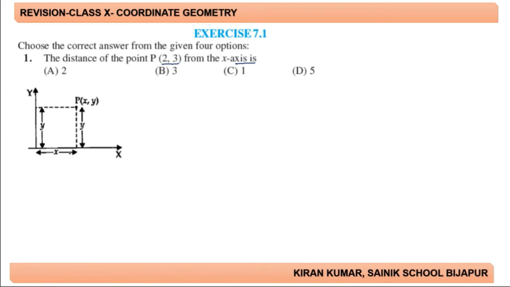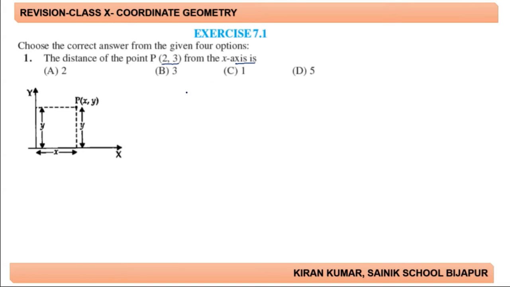If I plot the graph, the point P x, y in the first quadrant, y will be the perpendicular distance from the x-axis.